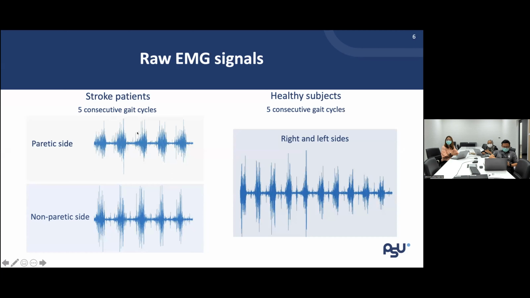For the stroke patients, I separate the paralytic and non-paralytic sides. But in healthy subjects, I look at right and left together. That means I select 5 consecutive gait cycles from the right and 5 from the left, and I mix the signals together.